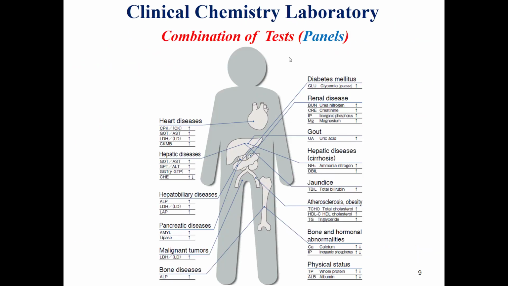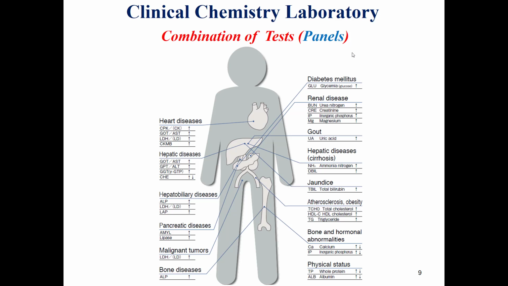As we said, the panels or profiles are used to assess the condition of a specific organ or system. For example, we have panels for heart diseases, for the liver, to assess the condition of the kidneys, and to assess the condition of the pancreas, and so on.